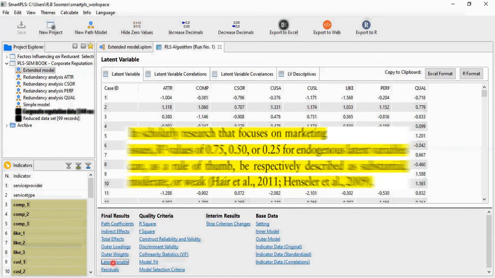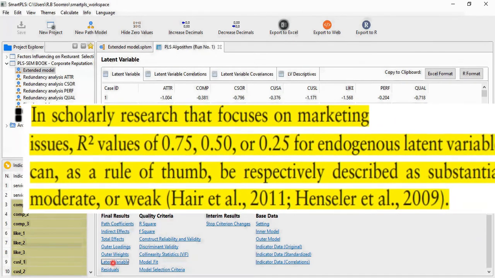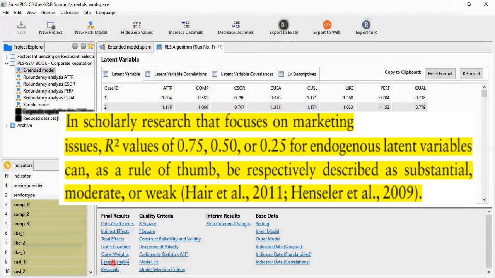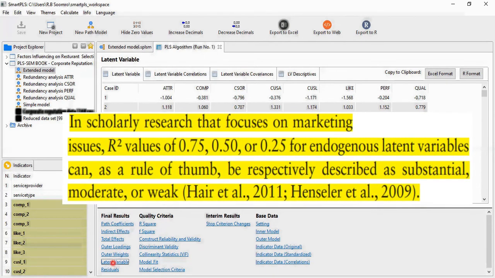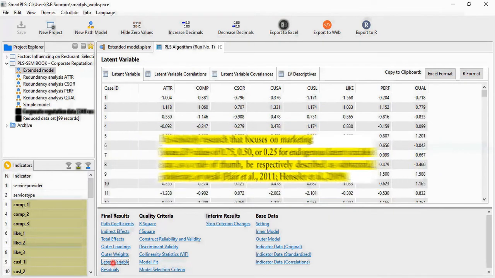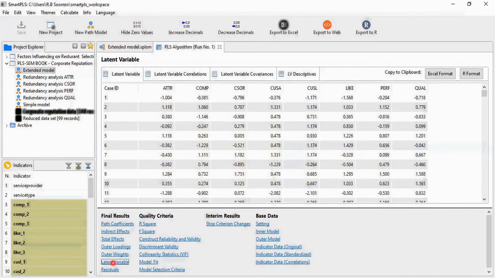In scholarly research focused on marketing issues or management issues, R-square values of 0.75, 0.50, and 0.25 for endogenous latent variables can, as a rule of thumb, be described as substantial, moderate, and weak respectively. So an R-square of 0.75 is substantial, from 0.5 to 0.75 is moderate, and 0.25 to 0.50 is weak, and less than that is very weak. So this is one type of criteria we should keep in mind.